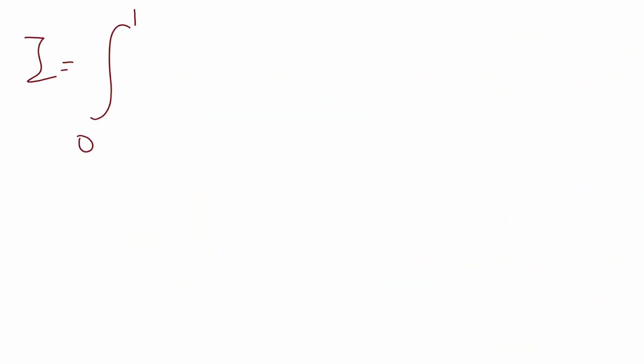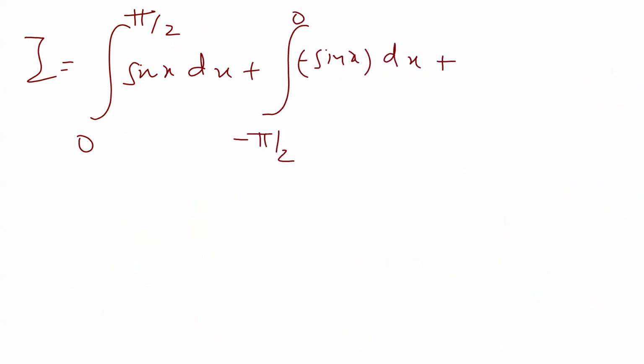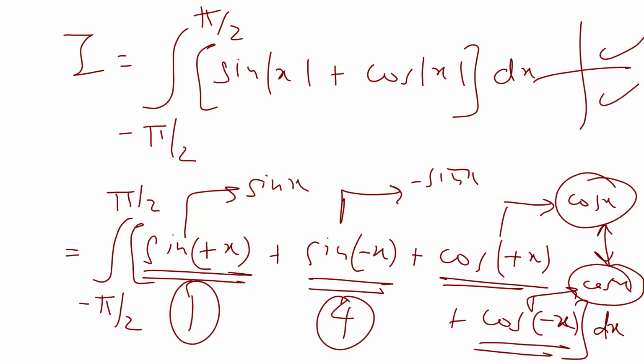So I just write the next step. Integration 0 to pi by 2 sin x dx plus minus pi by 2 to 0 minus sin x dx. So the first and fourth quadrant solutions are: cos of plus x is cos x, so cos of minus x is also cos x. Both are positive, from minus pi by 2 to pi by 2, that is first and fourth quadrant.